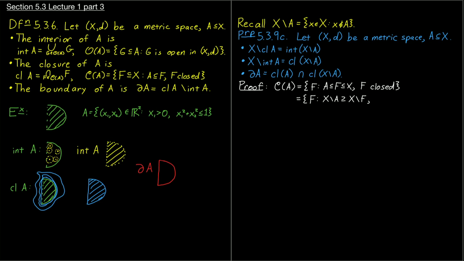And also remember that F is closed if and only if its complement is open. So we'll write that as X minus F is open. But then now we're looking at all the open subsets of X minus A. So I'm going to replace F by X minus G. So F is X minus G such that G is a subset of X minus A, and G is open.